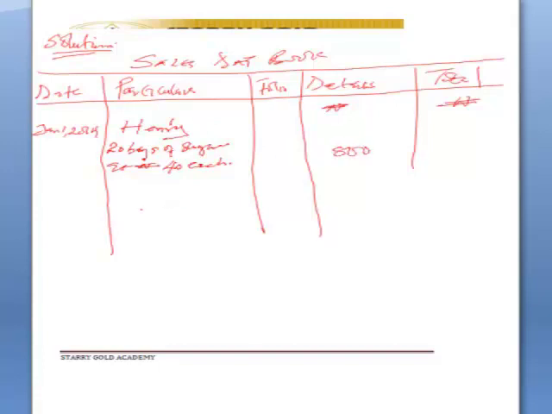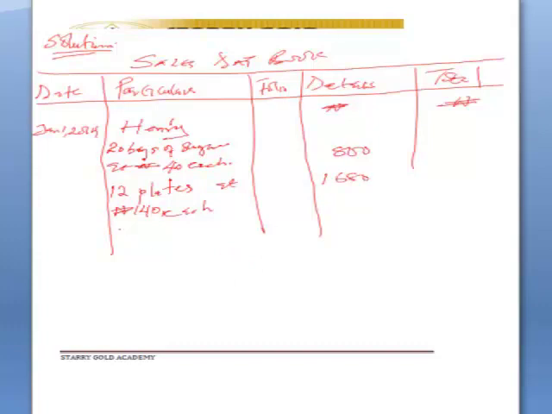Then the next is 12 plates at 140 naira each, and that is 12 times 140, and that will give us 1680.